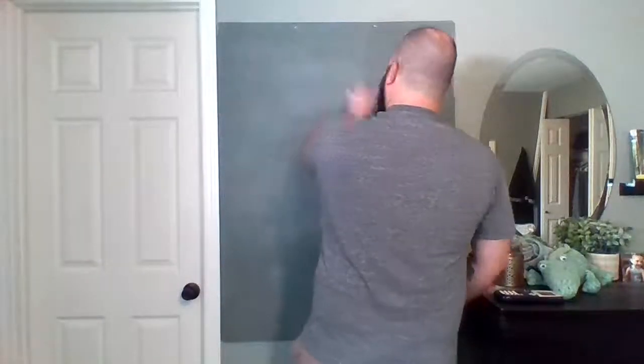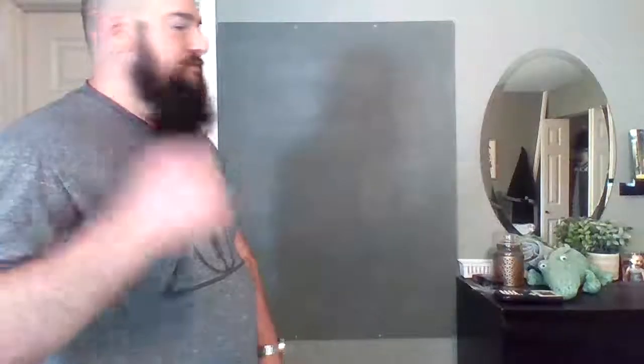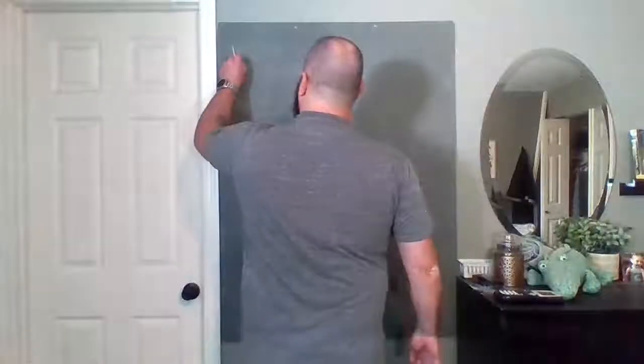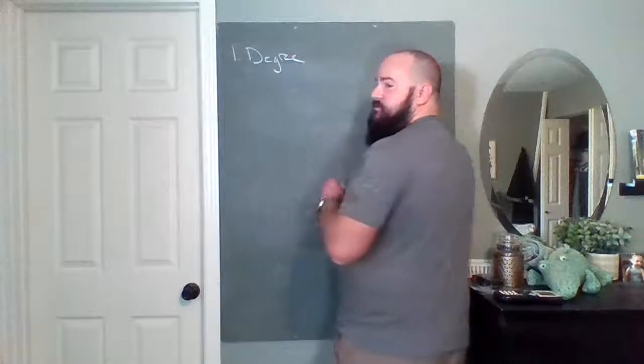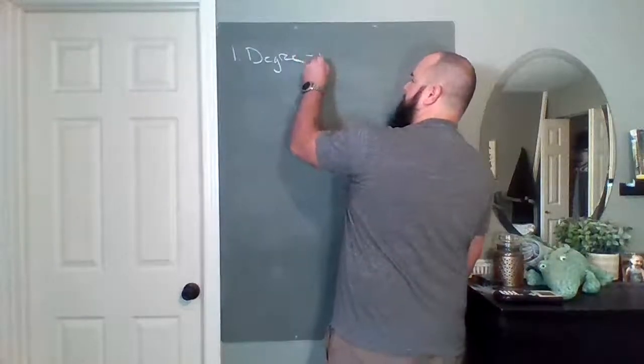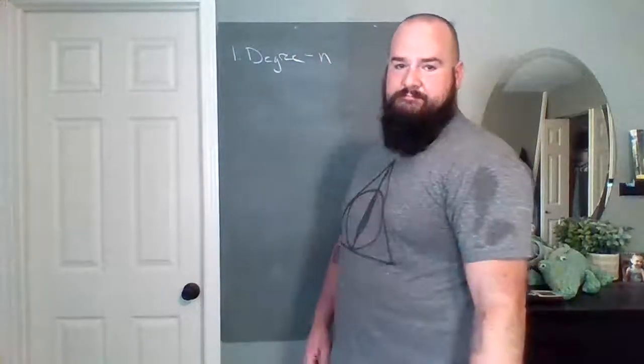All right. Now what I want to talk about is I want to just list off real quick the 4 things you need to have to graph a polynomial. To be able to graph any polynomial, you need 4 things. You need to know the degree, which is n.